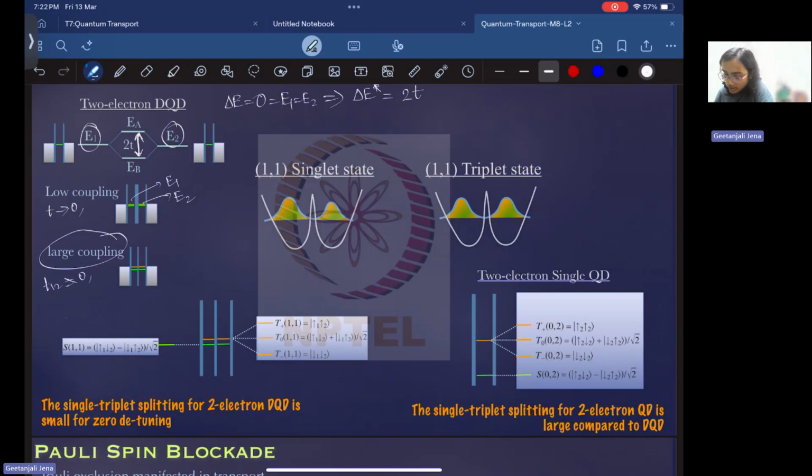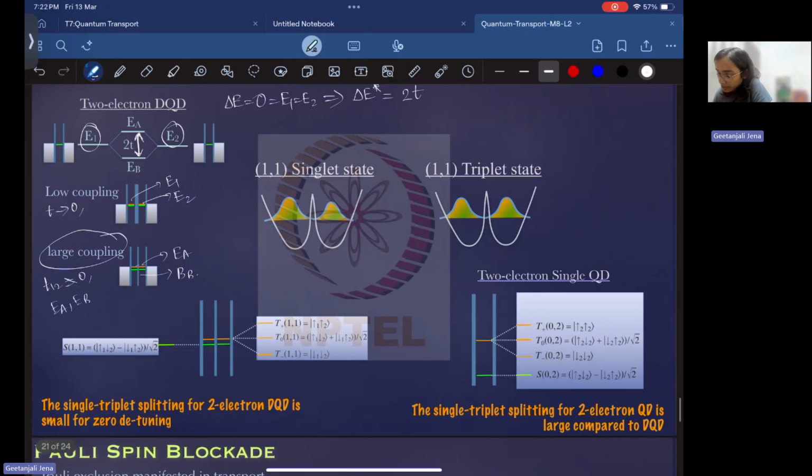Now we will see a bonding and antibonding or singlet triplet state, which is formed by the tunnel coupling. This is represented here. This is EA and this is EB, or singlet triplet state.